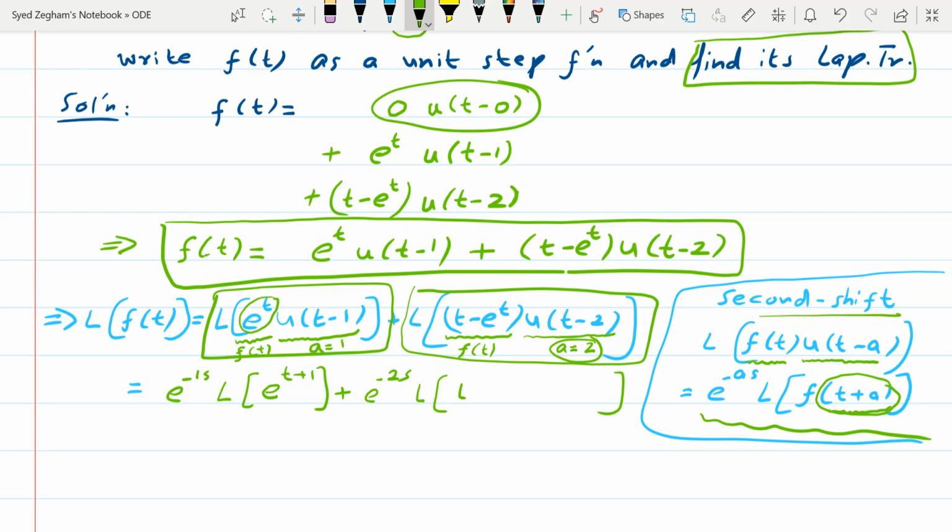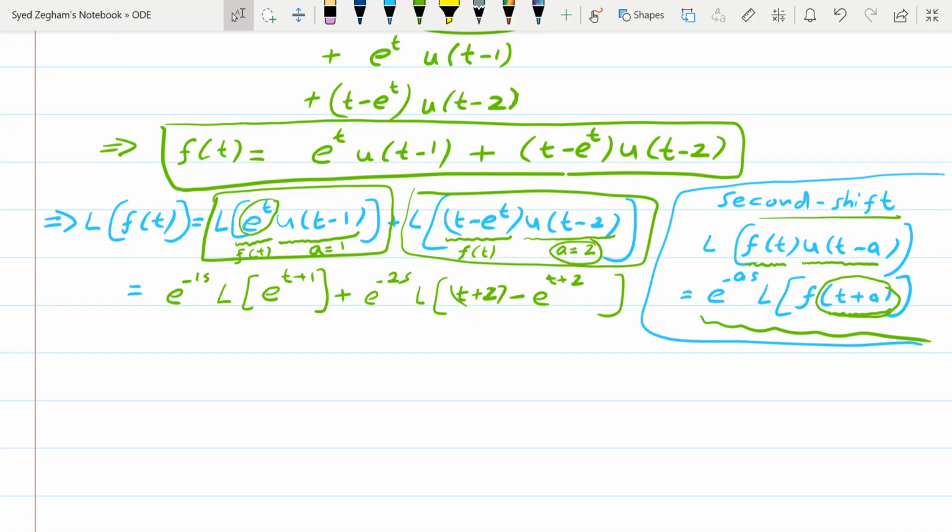What will I get? t+2 minus e to the power t+2. This is how we use the second shift property.